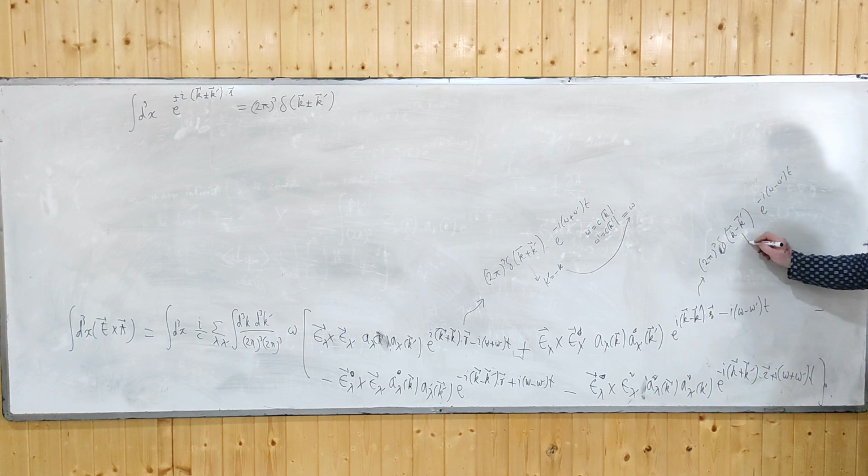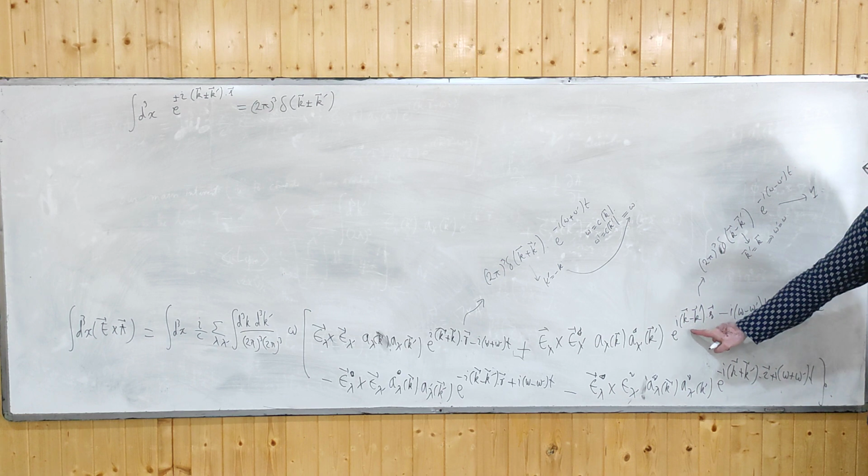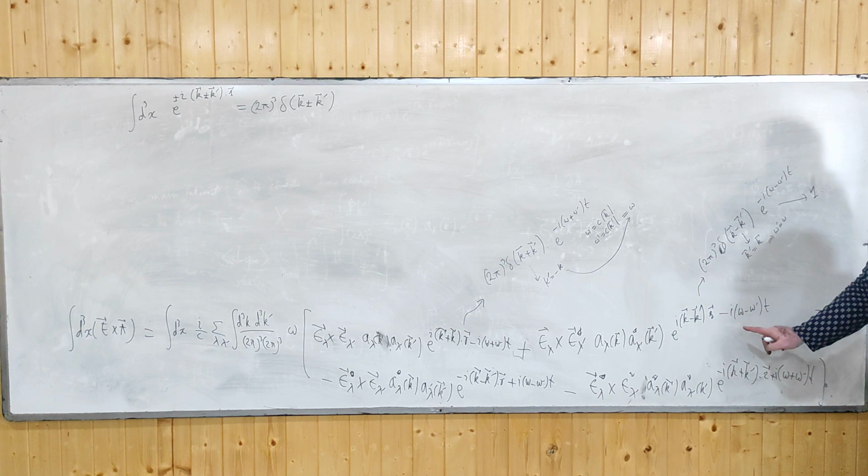This forces k prime to be the same as k, is that true? When k prime is the same as k, it implies omega prime is the same as omega, so this will go as e raised to the power 0. Omega minus omega prime will be 0, so this will simply go as 1. So wherever you have differences, these exponentials are gone, is it?